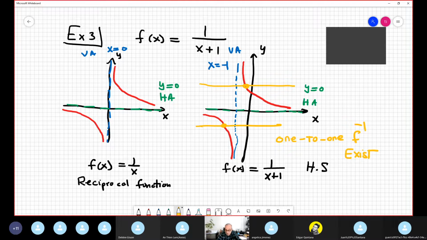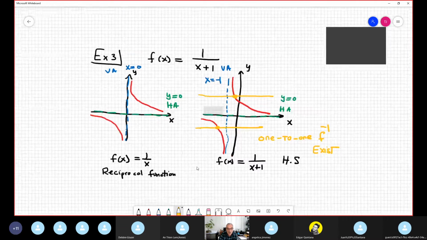Okay, this is the only way: you do the graph, you apply the horizontal line test. If it passes the horizontal line test, it's an invertible function. In this case, it doesn't matter if you have two branches separately. When you apply the horizontal line test, you apply only one horizontal line, crossing only one point, that's it. Okay, so now let's move on to step 2.